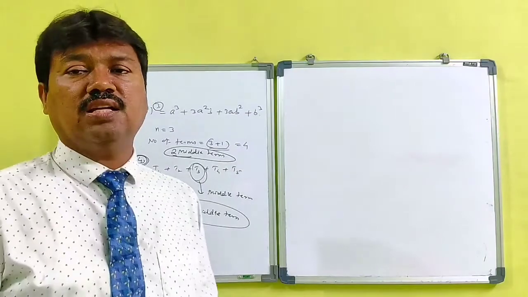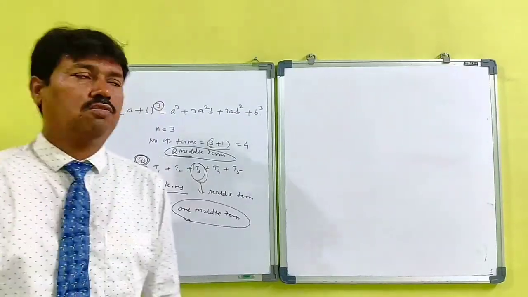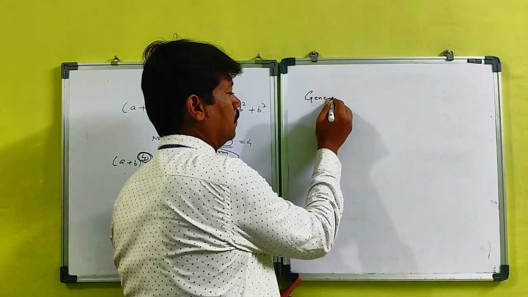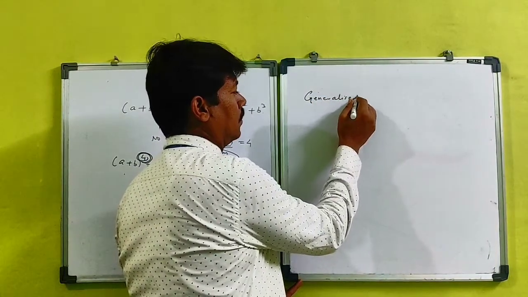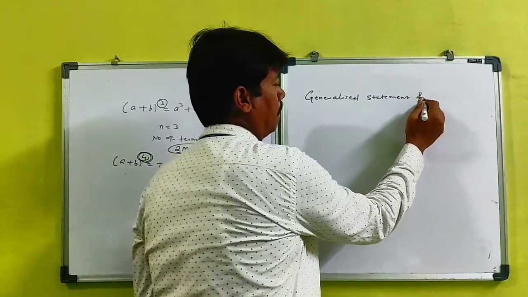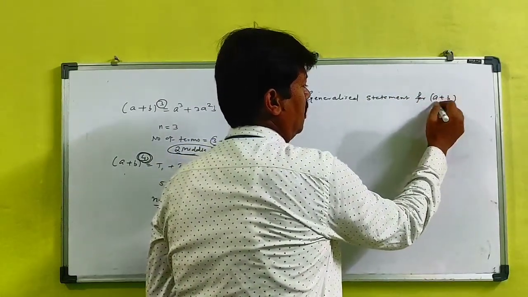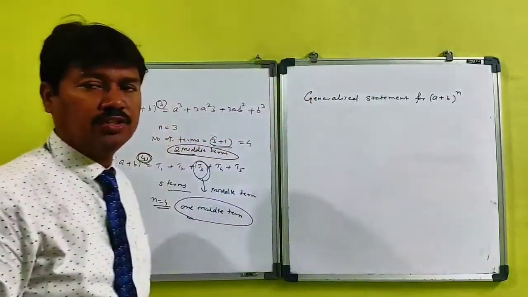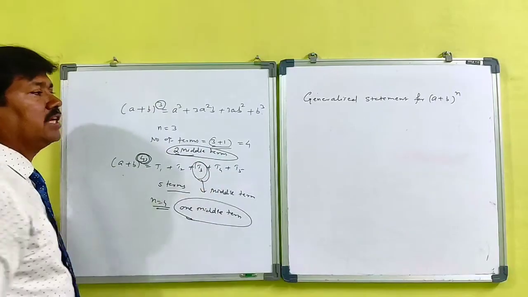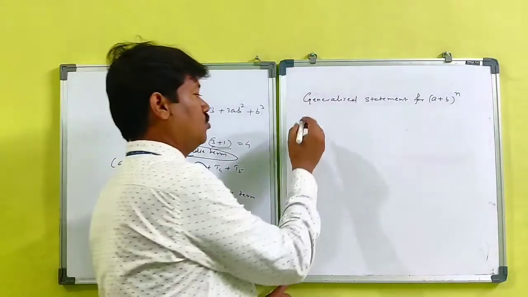Yes, we can generalize this. So what is the generalized statement for (a + b)^n?